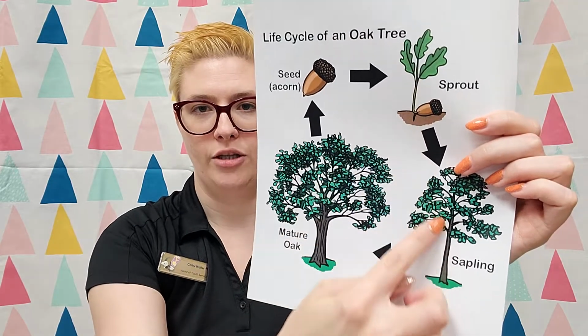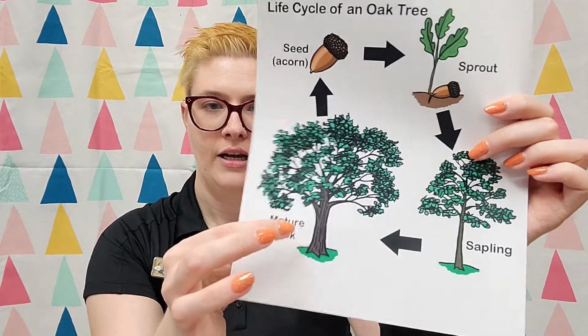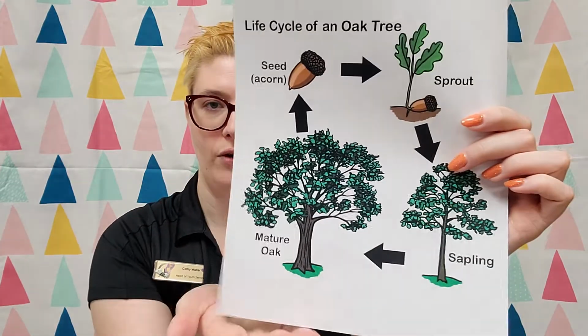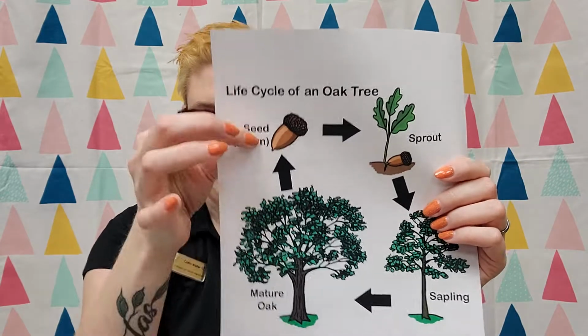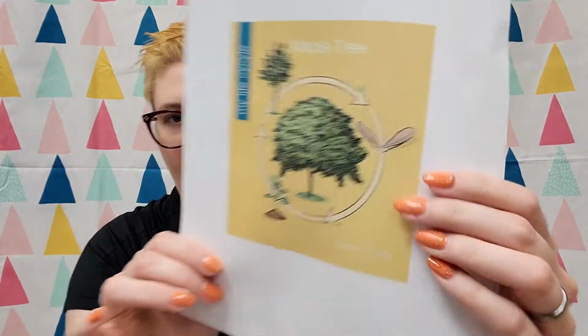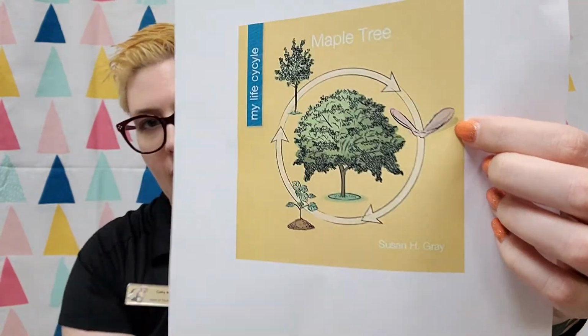Once the sprout turns into a tree, it's called a sapling, and then you get a mature, full live adult oak tree.